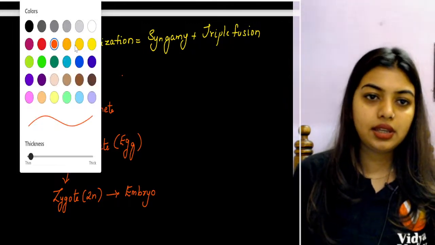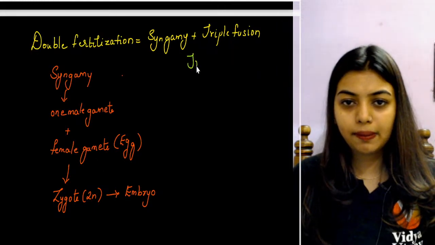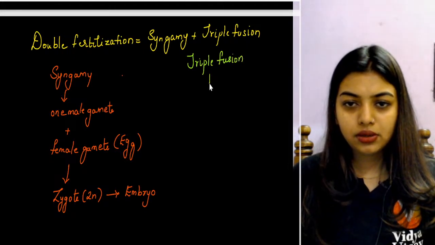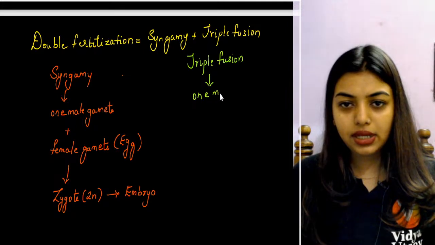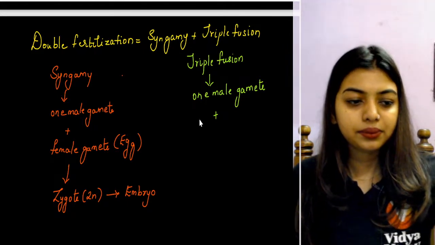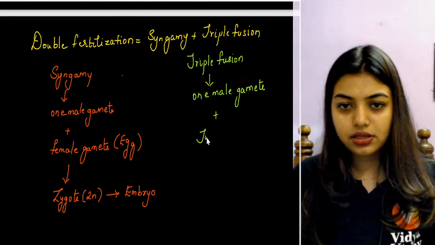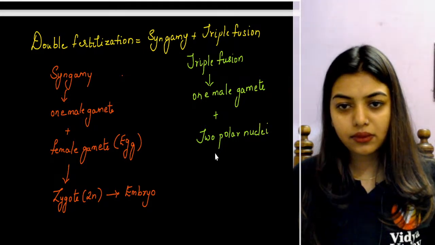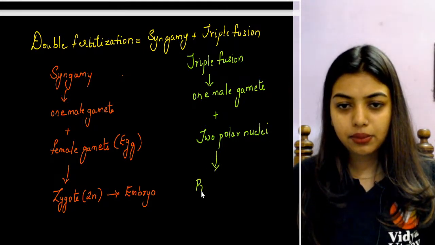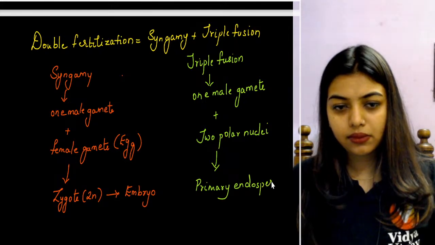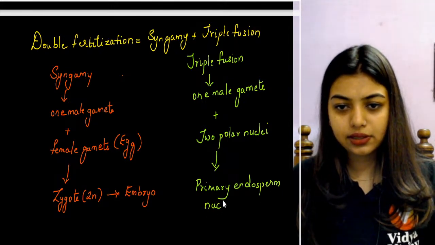This is syngamy. Then when I'm writing triple fusion: one male gamete plus 2 polar nuclei is going to form the primary endosperm nucleus.